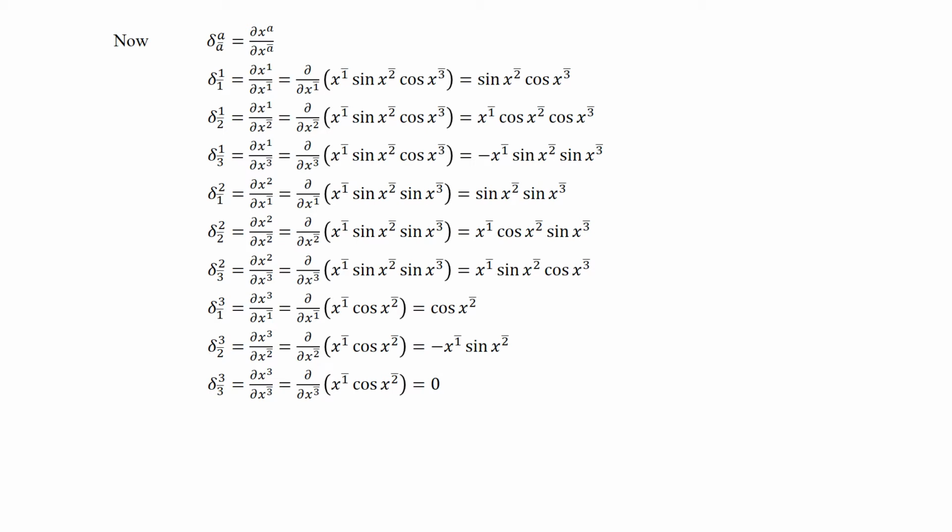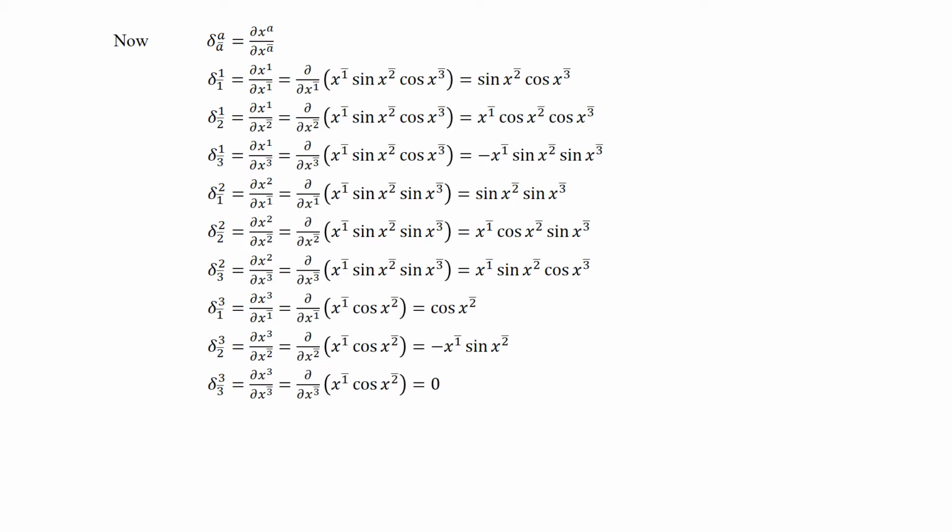Now taking the derivative of the same term with respect to x2 bar, we are taking the derivative of sin x2 bar. So x1 bar and cos x3 bar are treated as constants. The derivative of sin x2 bar is cos x2 bar, so we get x1 bar cos x2 bar cos x3 bar.